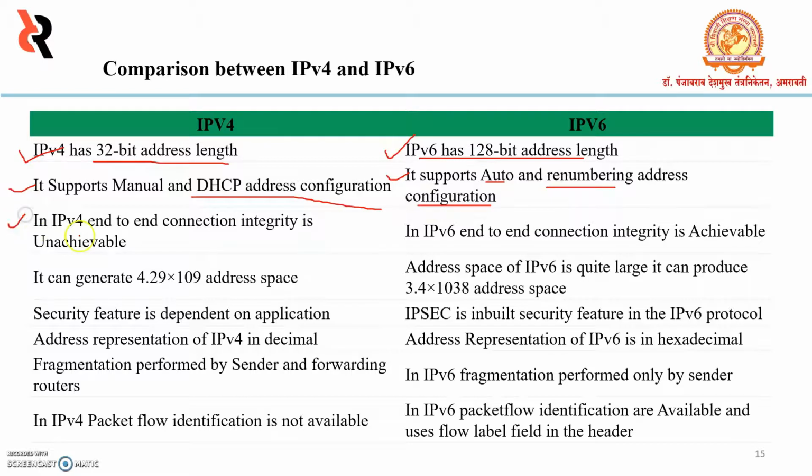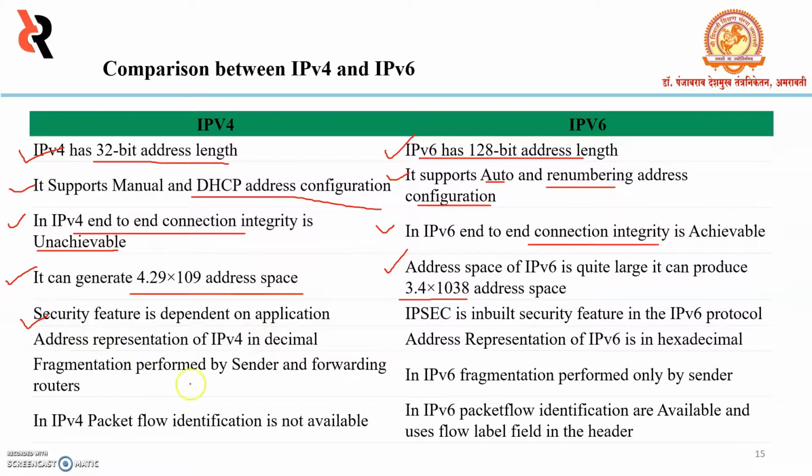In IPv4, end-to-end connection integrity is unachievable, so there is a problem of security. While in IPv6, end-to-end connection integrity is achievable. It is secured. It can produce a tremendous address space as compared to IPv4.